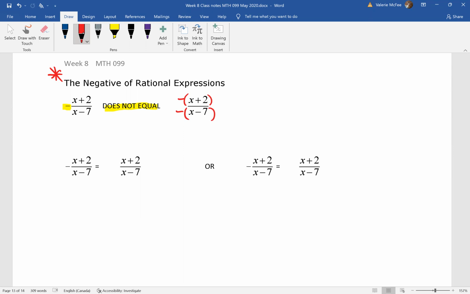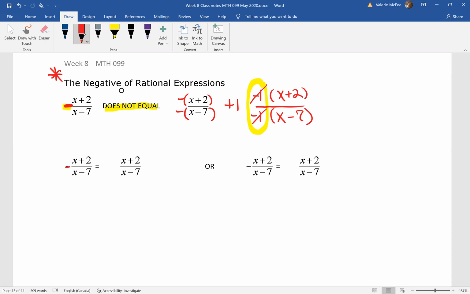Think about that. If we have negative 1 times x plus 2 all over negative 1 times x minus 7, what do you know about negative 1 divided by negative 1? It equals positive 1. These would divide out, and we wouldn't have the negative of the expression.